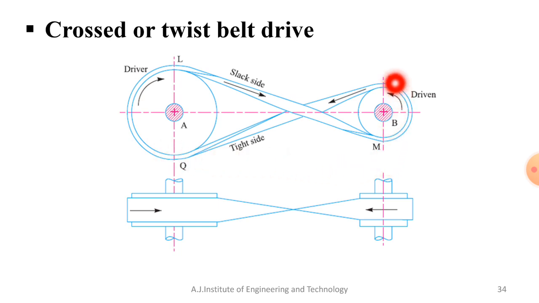Similarly here, R to M, the belt under contact is more than in the open drive. So the contacting area will be more in the case of cross belt drive. If the angle of contact is more, the power transmission is also more. That is one of the advantages of the cross belt drive.